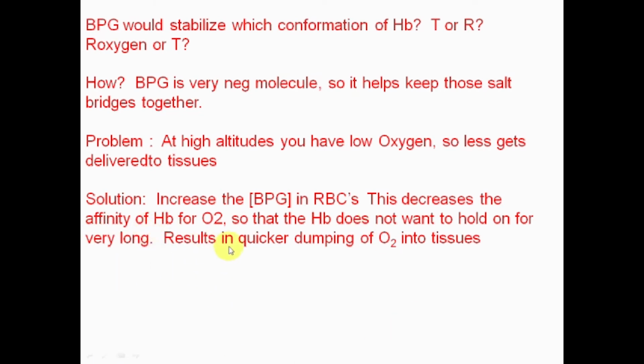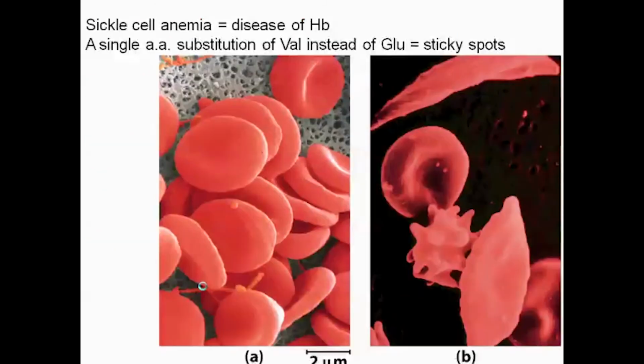It results in quicker dumping of oxygen to the tissues, so the transport of oxygen from lungs to tissues is much quicker, and it results in your body getting the oxygen that it needs.